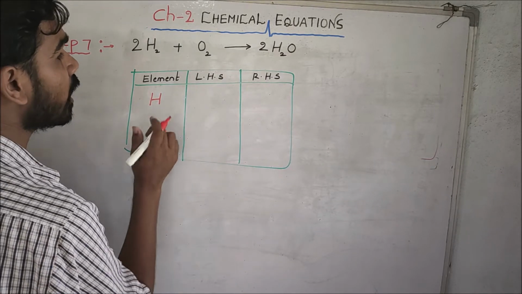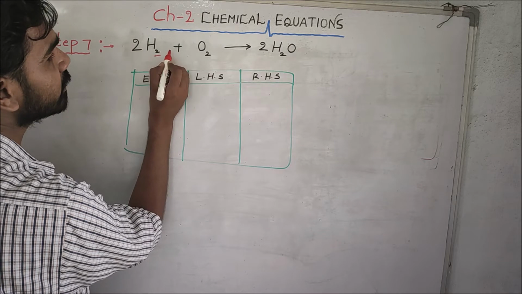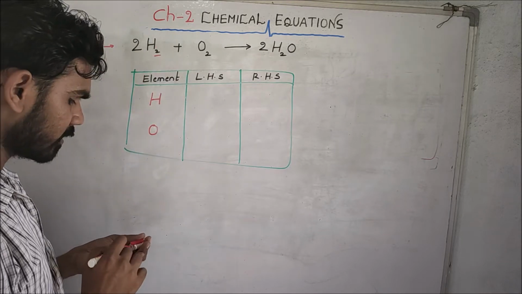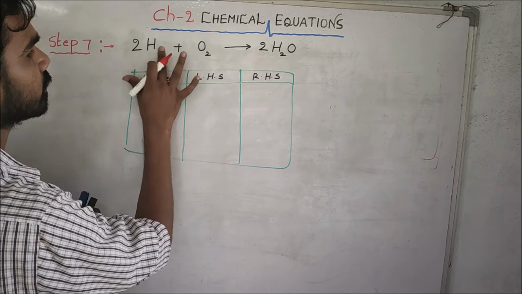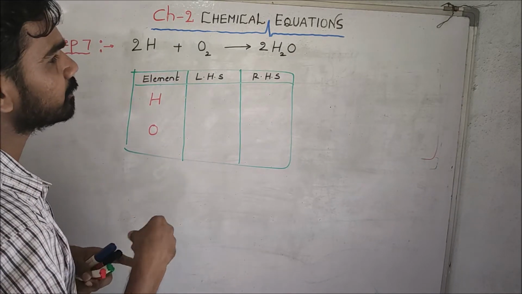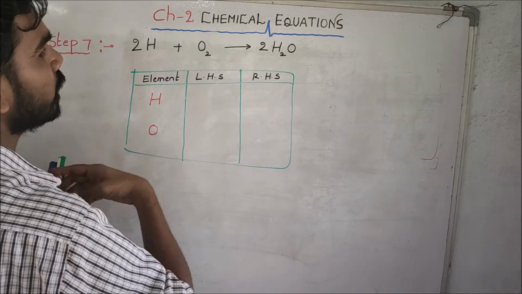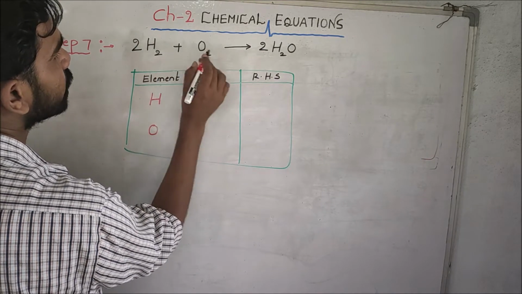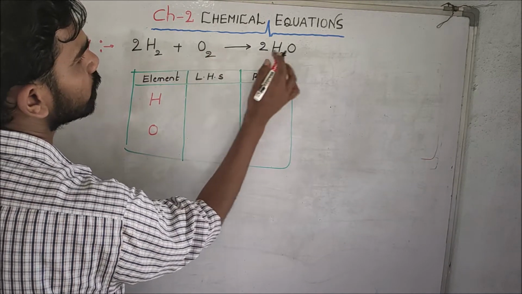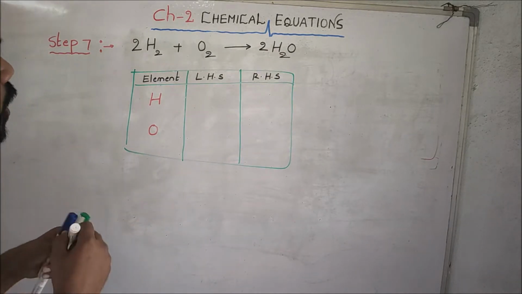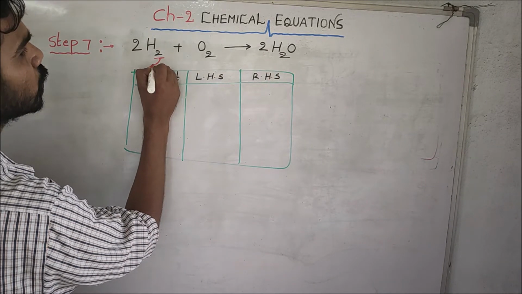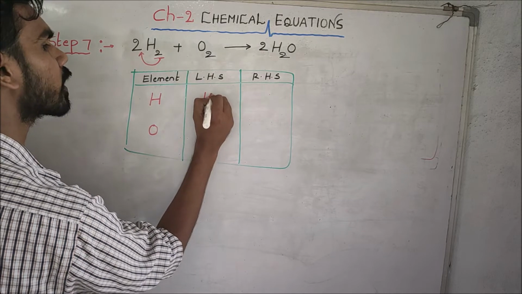Now on the left hand side, how many hydrogens are there? If you can see here, 2 are there. So I am writing a little bigger. How many hydrogens? 2 into 2, 4.